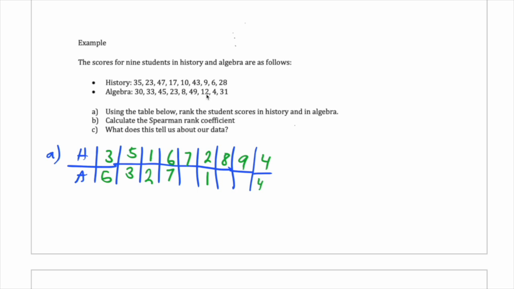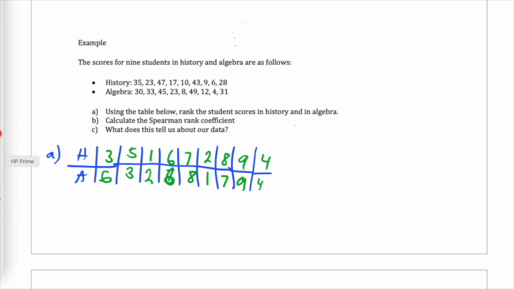That's 5, 6, and then we have 7, 8, and 9. So we have all the ranks there from 1 to 9 in both of them.